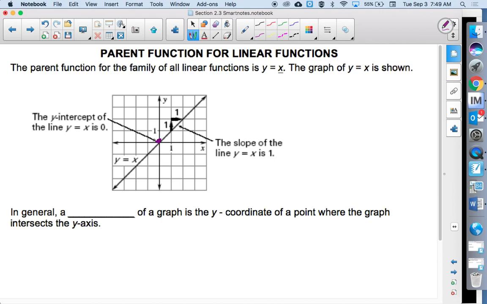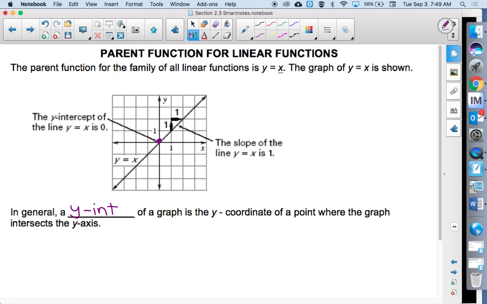And then it says the slope is 1 because that's the number in front. Underneath it says, in general, a y-intercept of a graph is the y-coordinate of the point where the graph intersects the y-axis. So wherever the graph is intersecting the y-axis, we call that a y-intercept. We'll talk about an x-intercept as well, being where it crosses the x-axis.